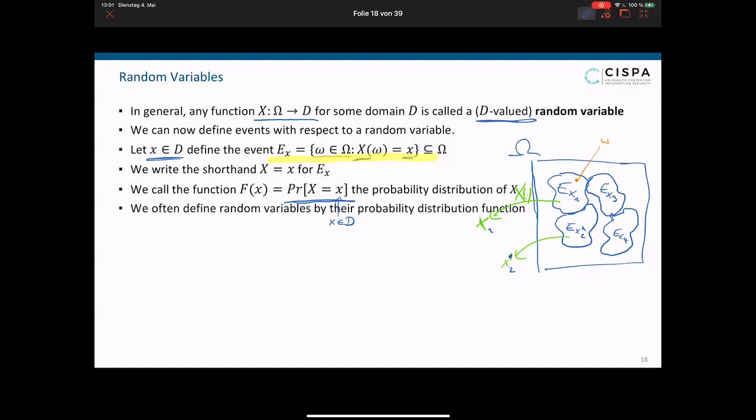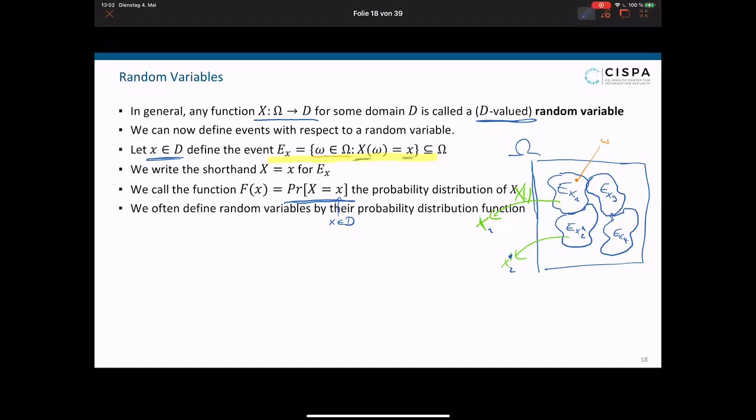Okay, so I think we have a humorous comment: if we forget this, we will get bad stats lab grades. I'm sorry. If in the stats lab lecture they tell you to work with this definition, I think they're actually pulling your legs. No one works with this actual definition of random variables.